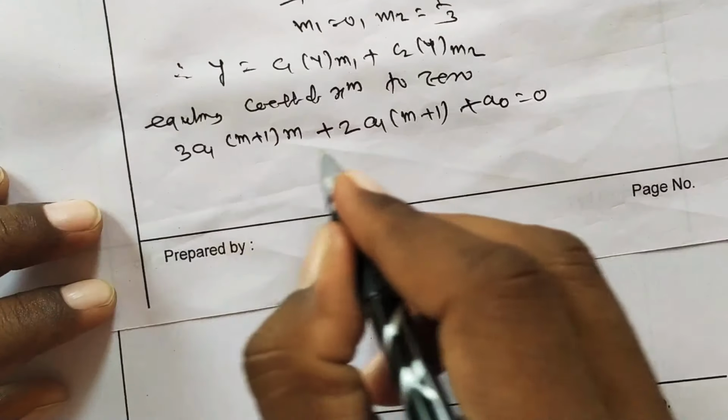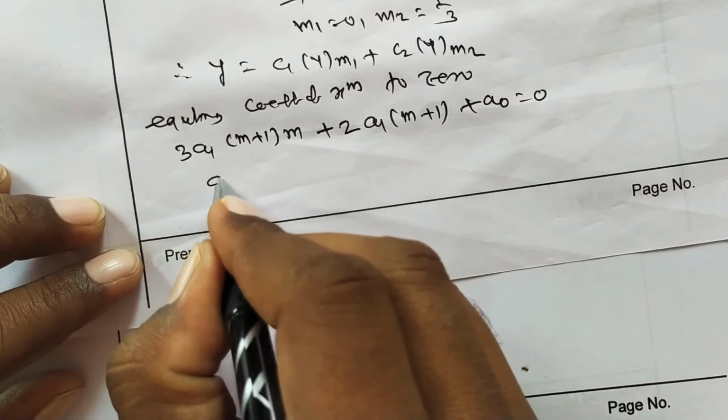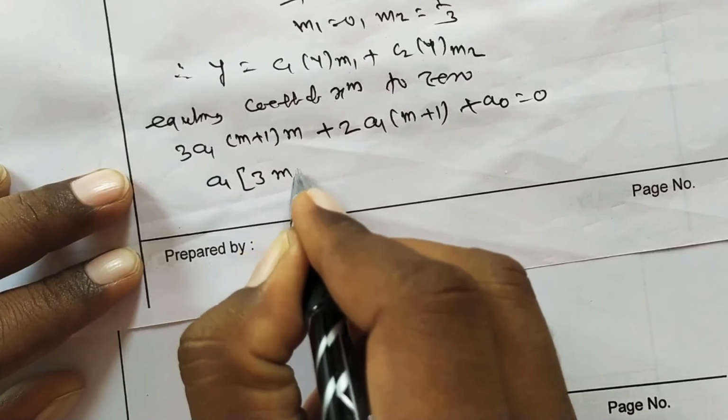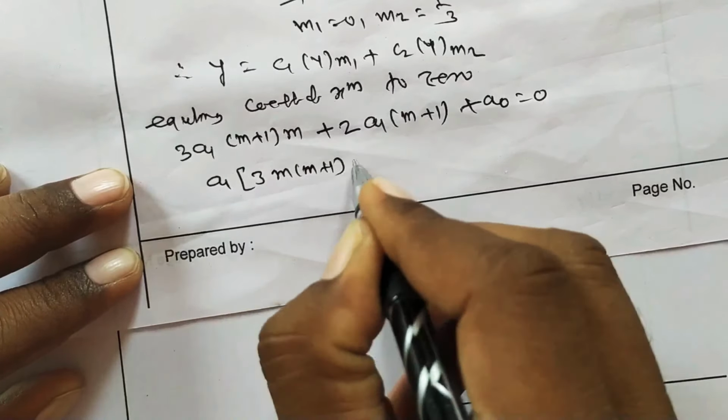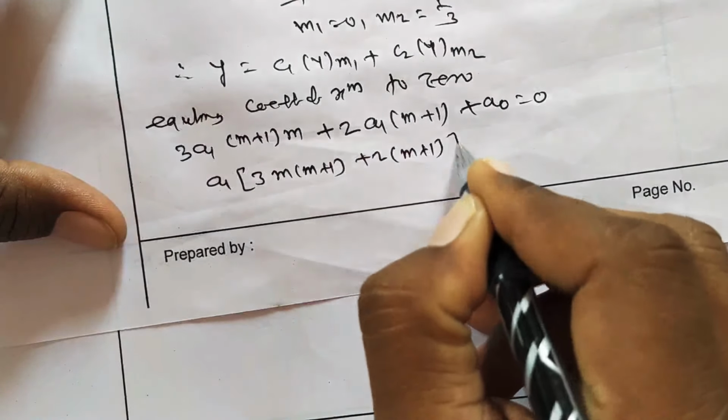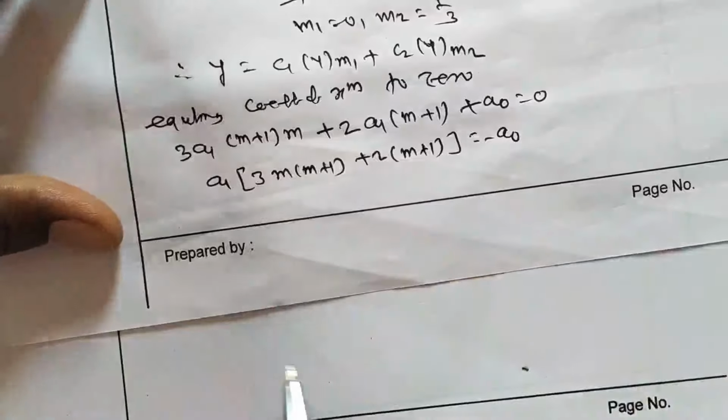Okay, now from the first two terms we can take a1 common, and this is 3m into (m plus 1) plus 2 into (m plus 1) is equal to minus a0.